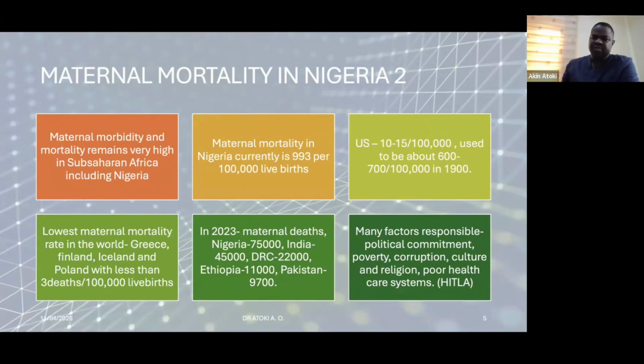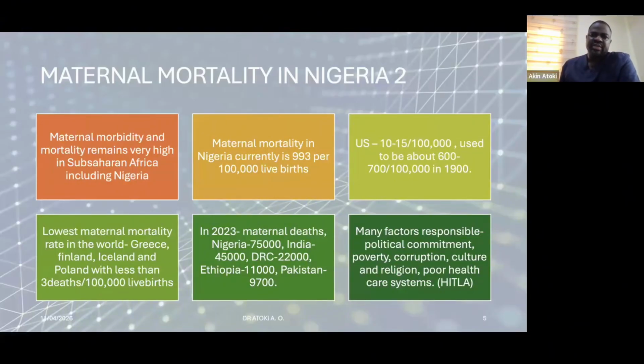Now, a lot of factors are responsible for these maternal mortalities, from the government's commitment to health generally, obvious from allocation of budgets to health. In the country, up to today, our allocation to health is still a far cry from what it should be.